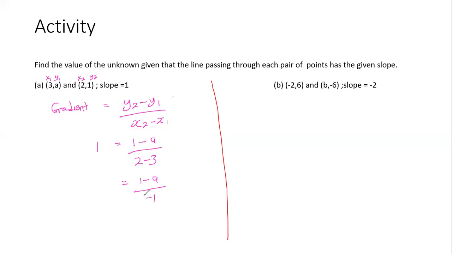So you shall have 1 minus a out of negative 1, which is equal to 1. So you multiply both sides by negative 1. Negative 1 times 1 is negative 1, equal to 1 minus a.